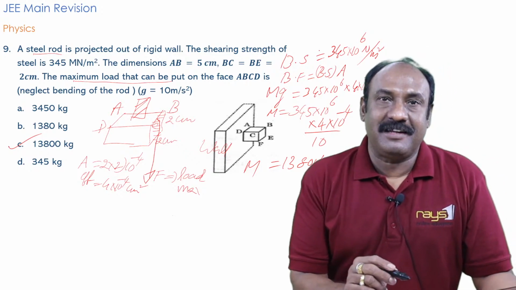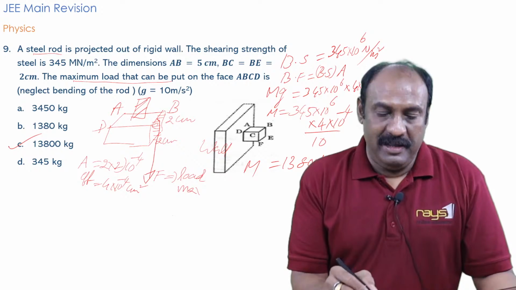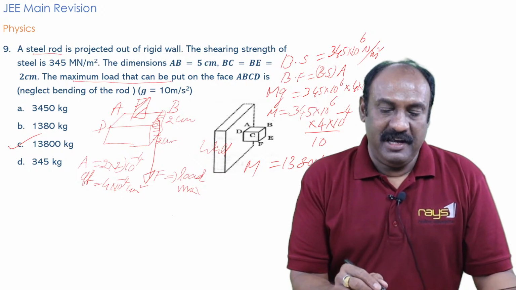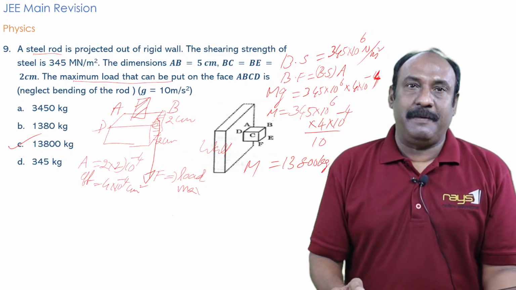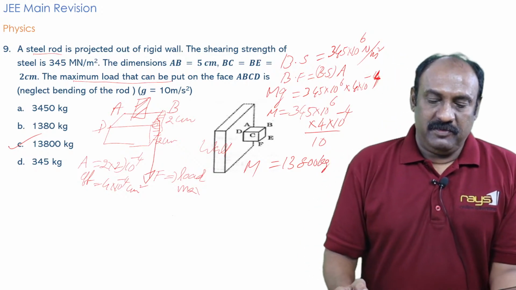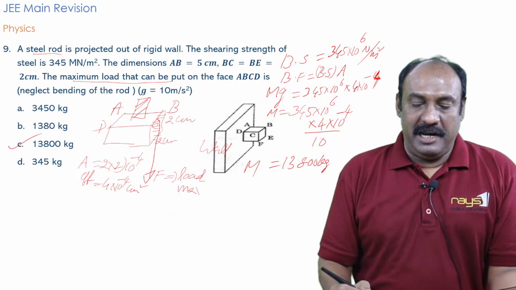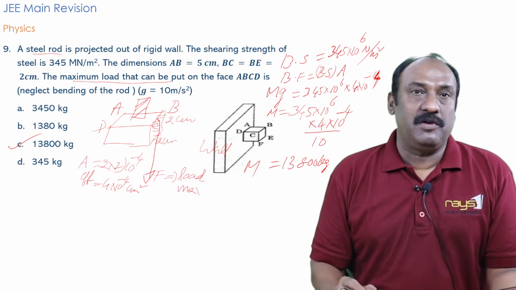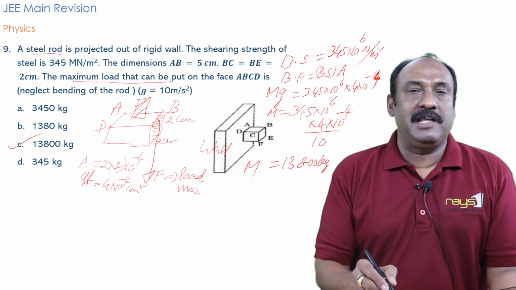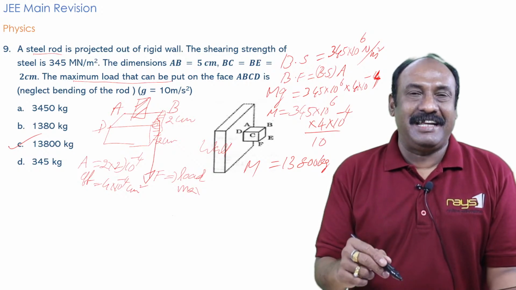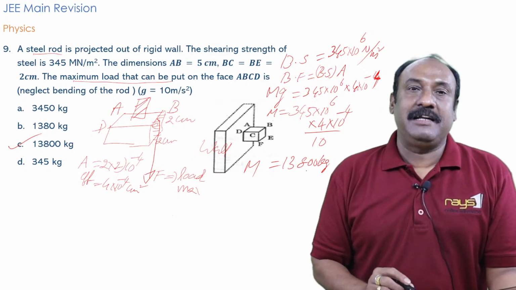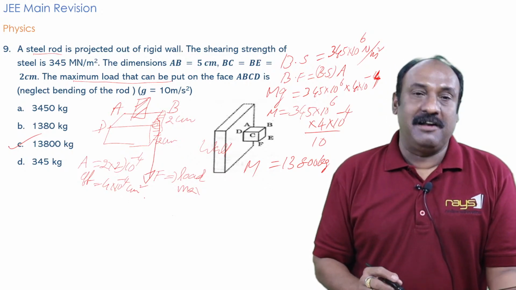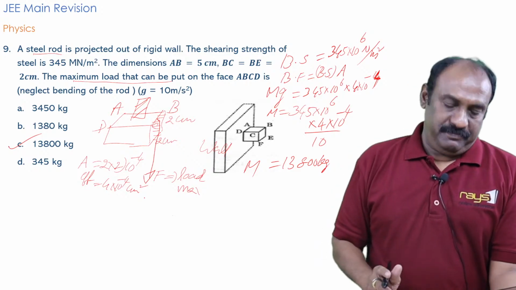So breaking strength of the given steel rod is 345 into 10 power 6 Newton per meter square. From this, breaking force is represented as mg. So mg is equal to 345 into 10 power 6 into 4 into 10 to the power minus 4, divided by g value. That will give the maximum load that it can bear in terms of kilogram. After calculation, here we get 13,800 kg is the answer for question number 9. Next question.